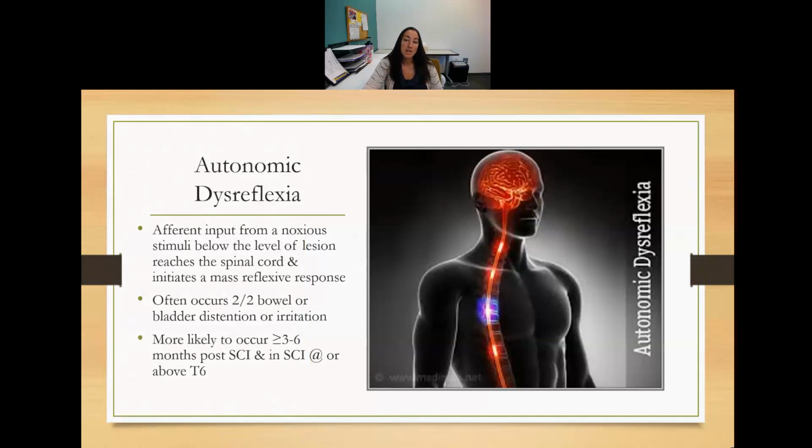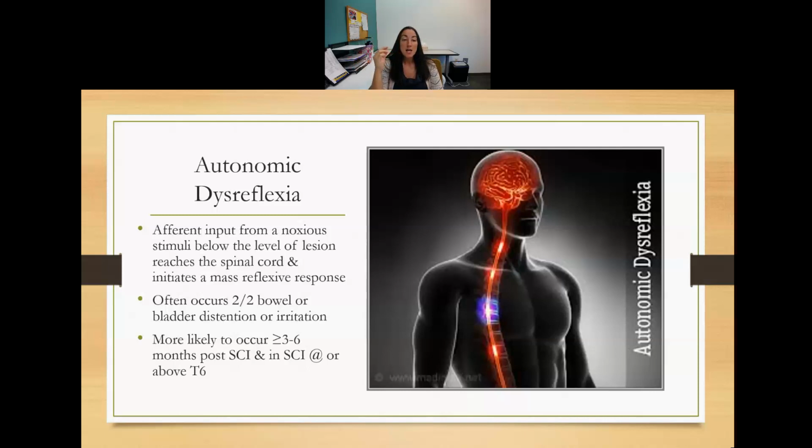Autonomic dysreflexia. So spinal cord injuries at or above T6 can affect your autonomic nervous system. And so remember that's your heart rate, your blood pressure, respiratory rate, all of those vital functions.